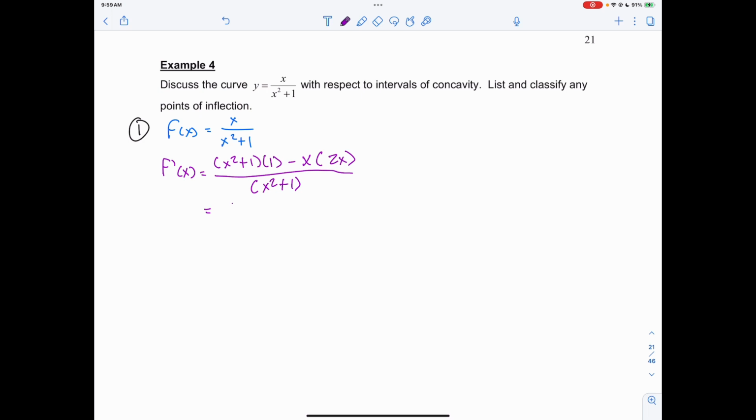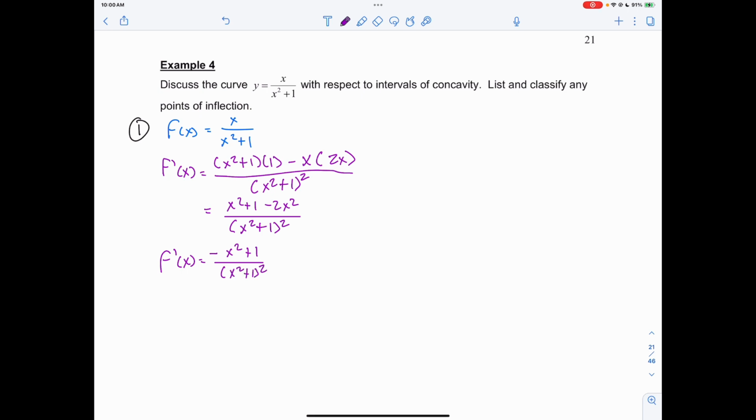I'm going to simplify this. Oh, don't forget to square that denominator. And I'm going to get that f prime of x is equal to negative x squared plus 1 all over x squared plus 1 squared.